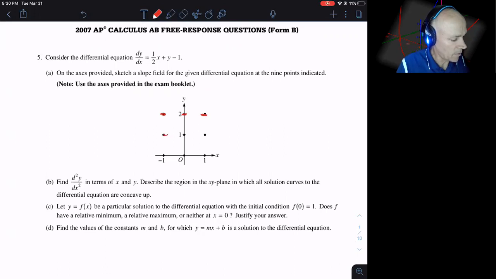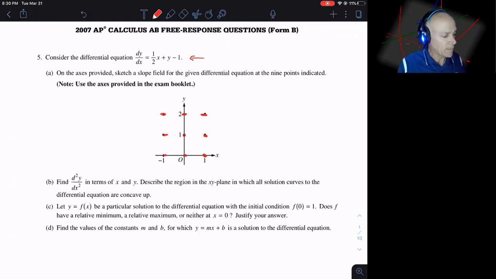Basically, all I'm going to do is take the coordinates for each point and plug it into my differential equation, and then see what the result is. And that result is going to be the slope of the small tangent line that I'm drawing.